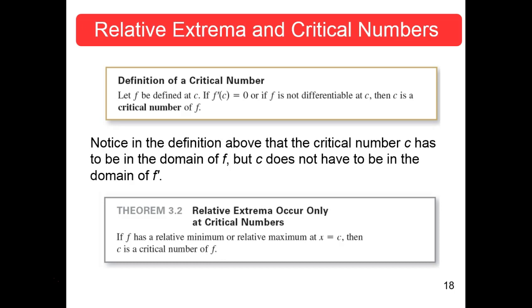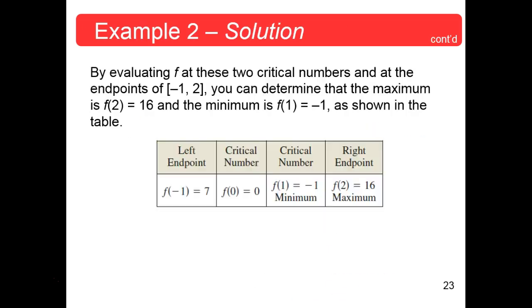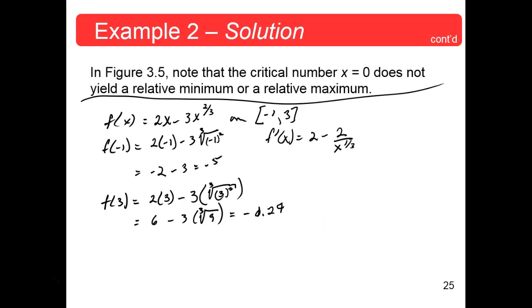If f prime, the first derivative, is 0 or not defined, not differentiable, then it's a critical number. We're looking for our critical numbers.